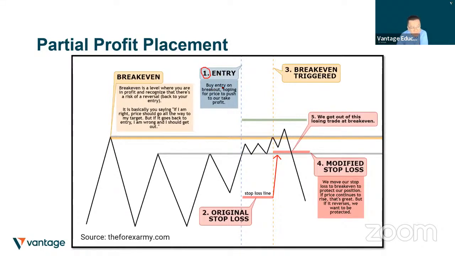You buy entry on a breakout, hoping for price to push to our take profit. Okay, so at that point, you're looking to buy because you got a bit of a resistance level here, and a bit of a resistance level there. You're looking for this to break up towards the upside, for it to push higher.